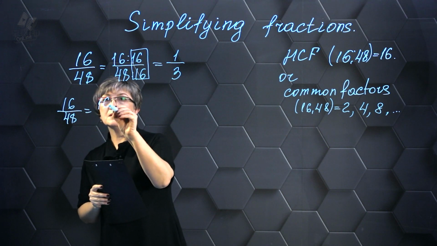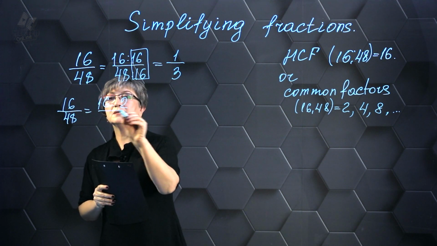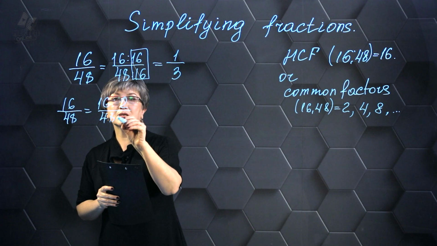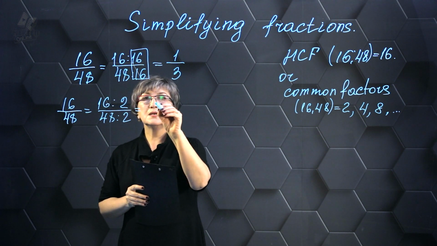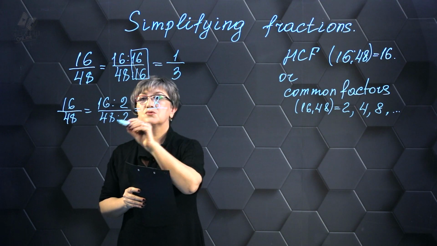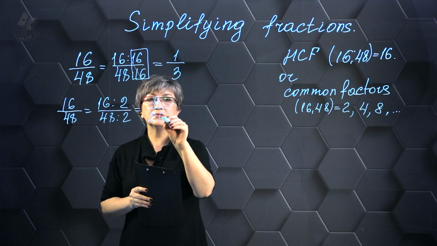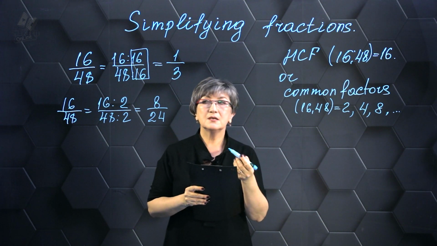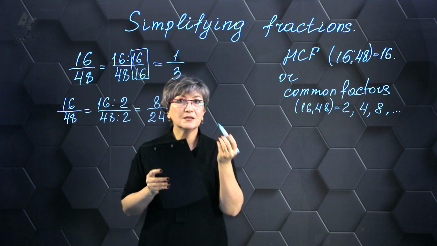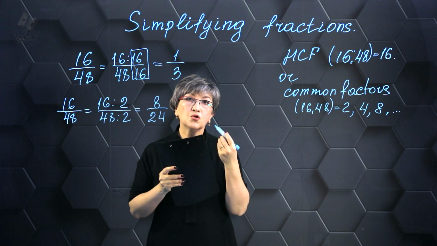16/48. I divide 16 by 2 and I divide 48 by 2. Then 16 divided by 2 equals 8, and 48 divided by 2 equals 24. We can continue to divide. We can divide by 2 again, but we can also divide by 4.